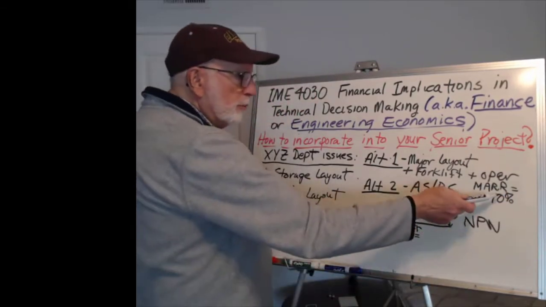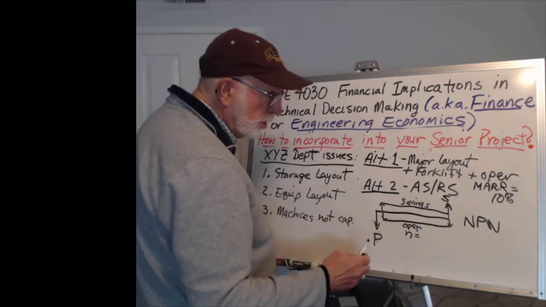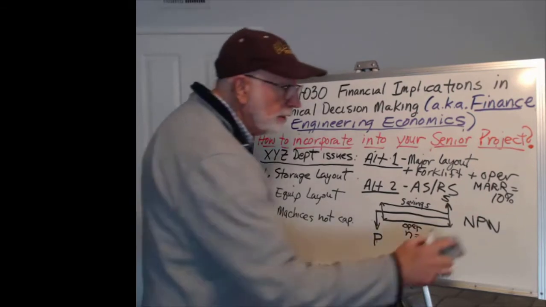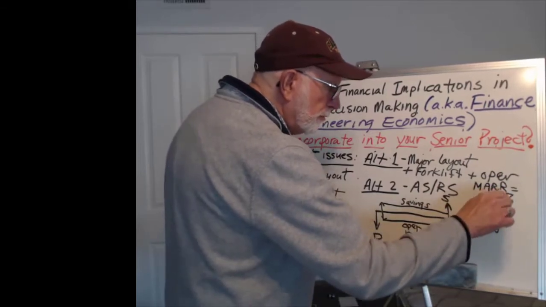This number is given to you by the financial people in the company. And when I worked at General Motors, our before tax MARR we were using was 15%. So let me put 15%.